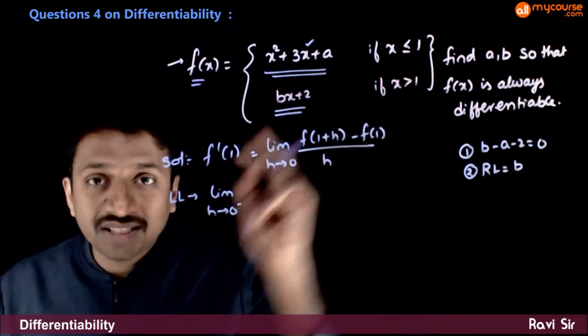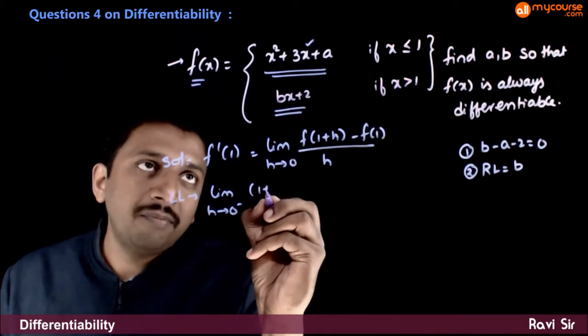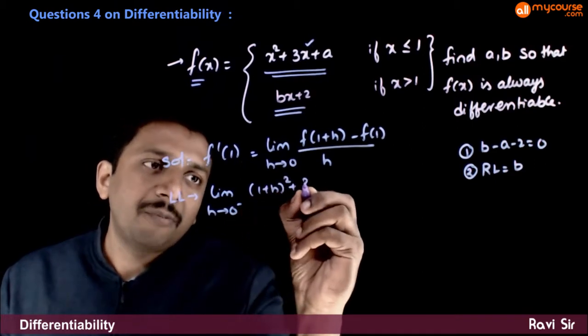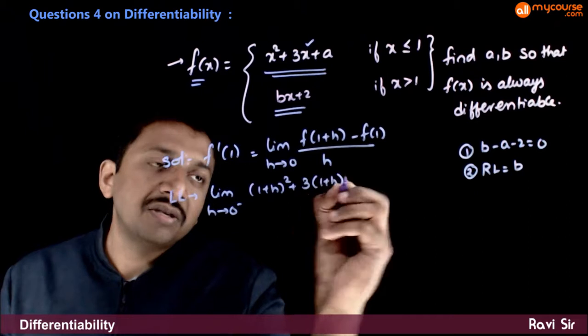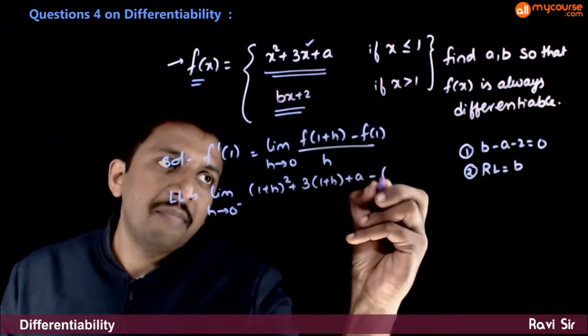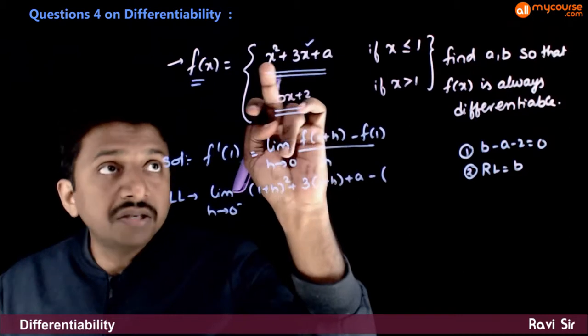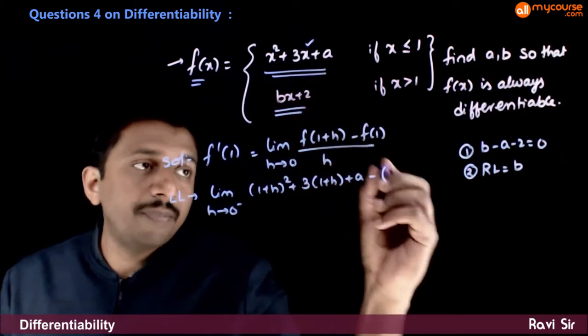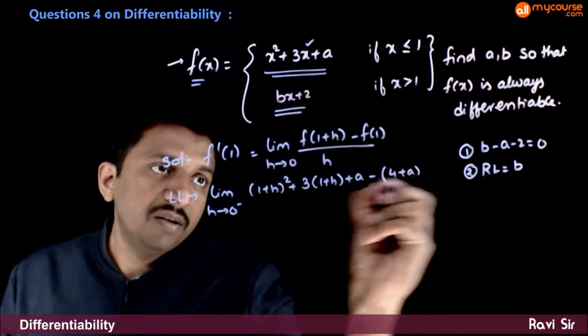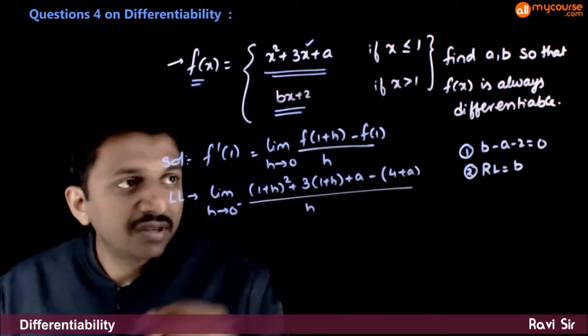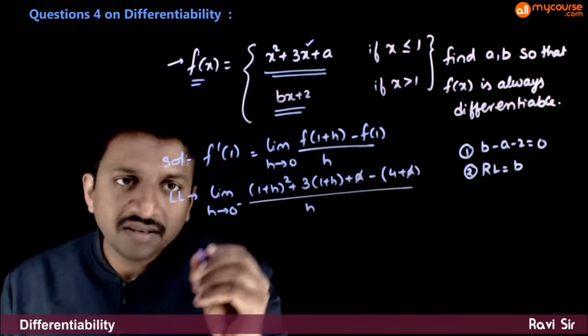So you have to go to this function: (1 plus h) whole square plus 3 times (1 plus h) plus a minus f(1). You have to put 1 in this function, so 1 plus 3, 4 plus a, by h. So this a and this a get cancelled.